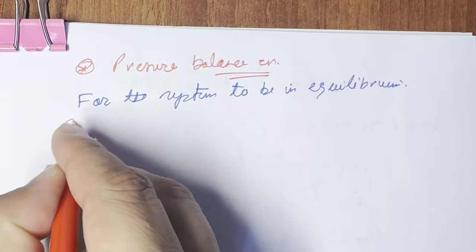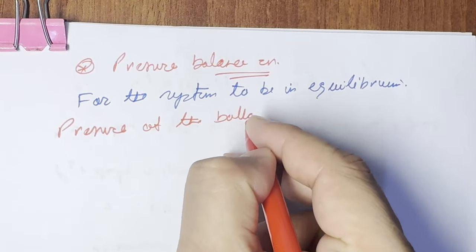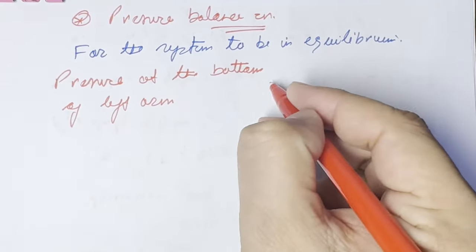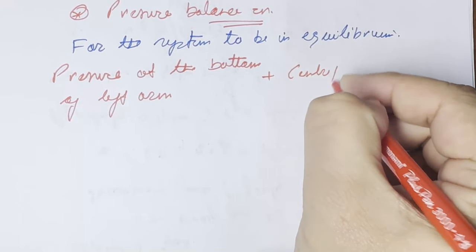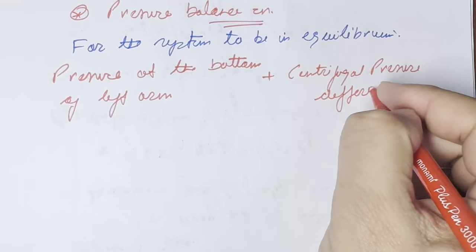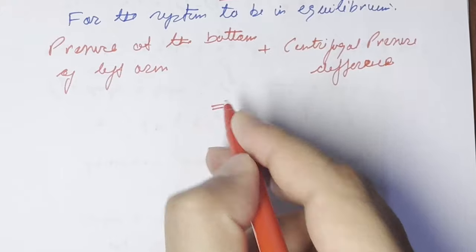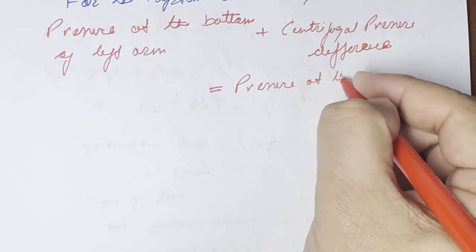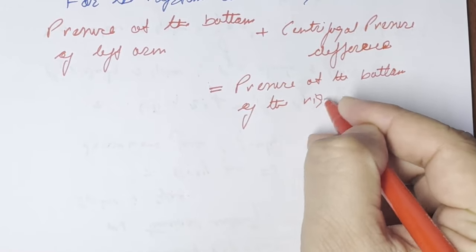We can say that pressure at the bottom of the left arm plus centrifugal pressure difference should be equal to pressure at the bottom of the right arm.